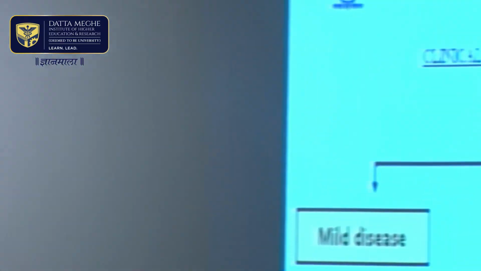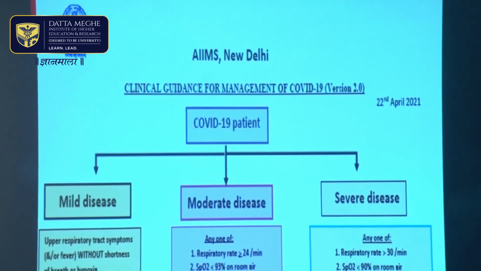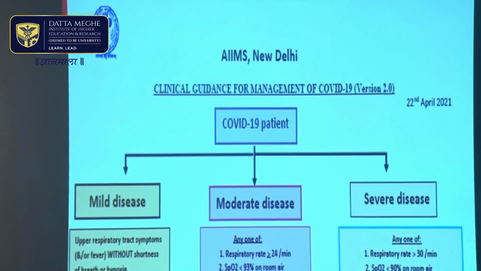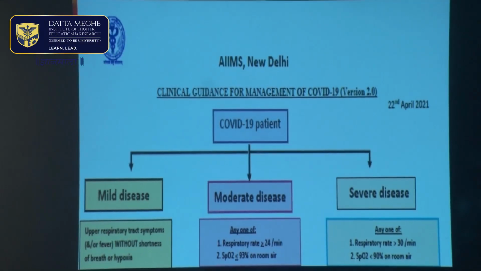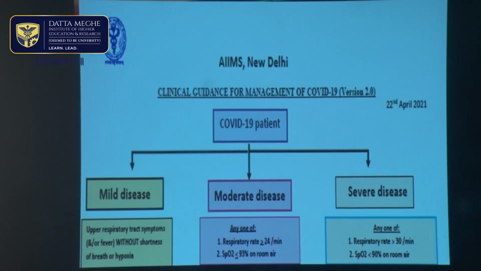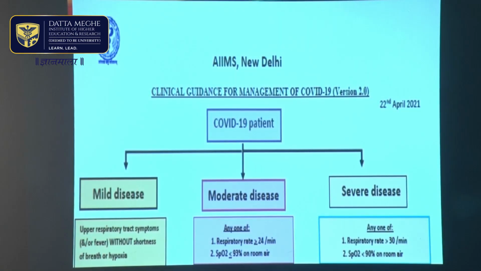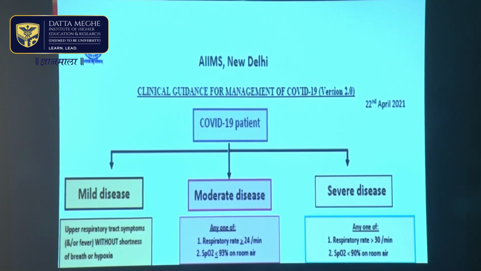So basically in COVID, these were the guidelines, and we classified patients into mild, moderate and severe disease based on the respiratory rate and the level of SpO2. If the patient had no fever, was not breathless, and SpO2 was normal, more than or equal to 94%, then the patients had mild disease. These patients could be treated at home.